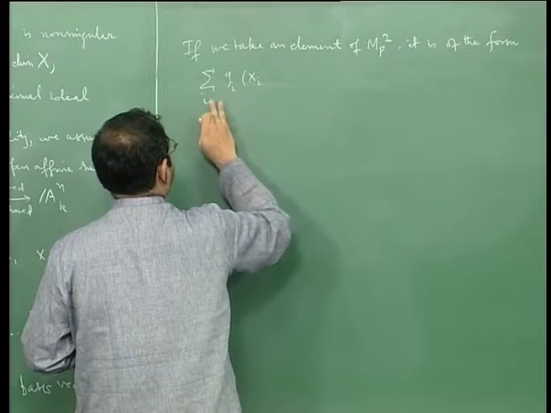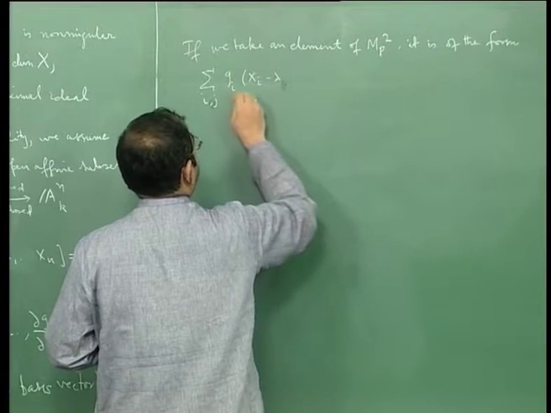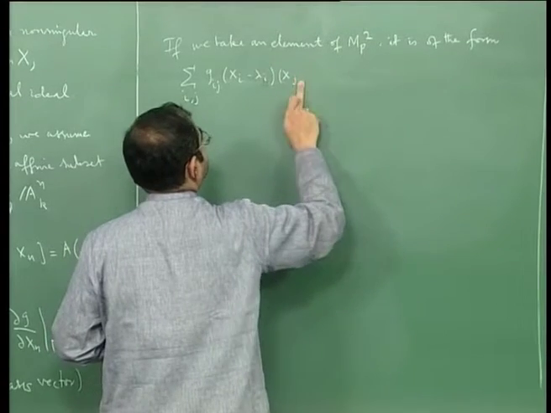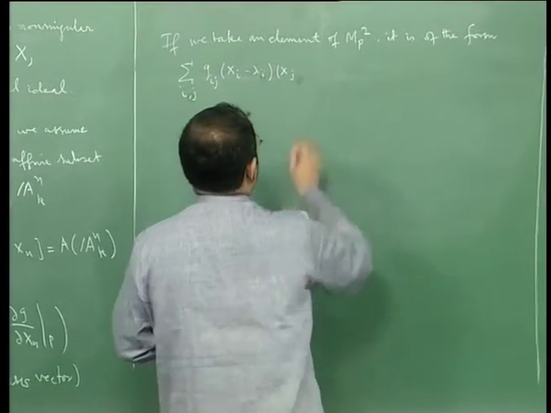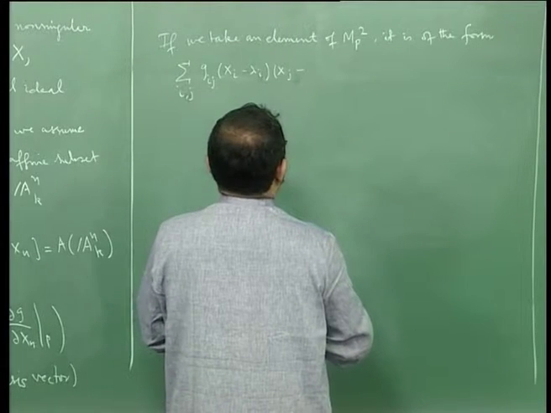In fact I can put i, j: it is the sum of gij times (xi minus λi) times (xj minus λj). Yes, that's right.